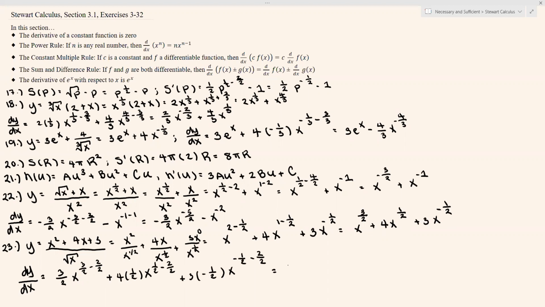And if we simplify this, we get 3/2 x to the power 1/2 plus 2x to the negative 1/2 minus 3 over 2 x to the minus 3 over 2.